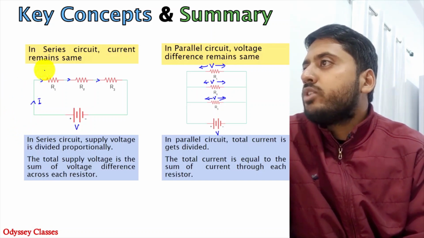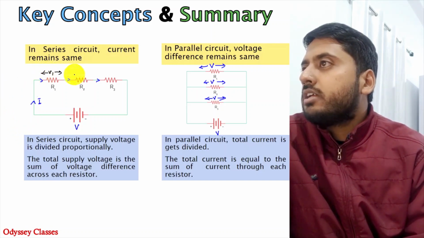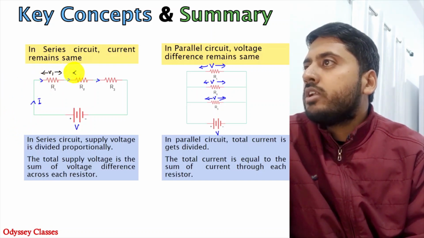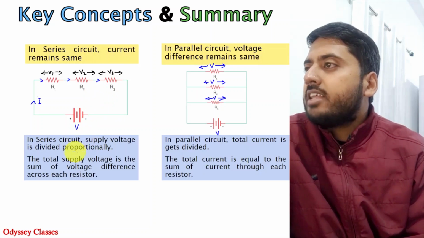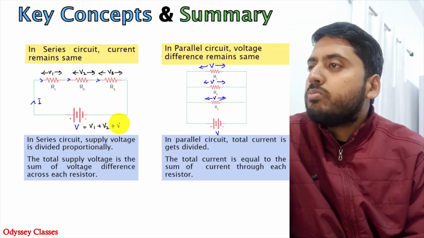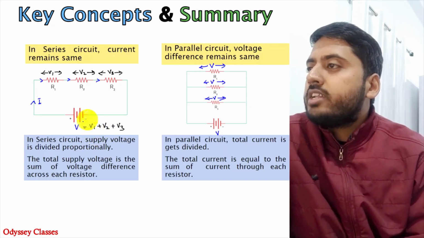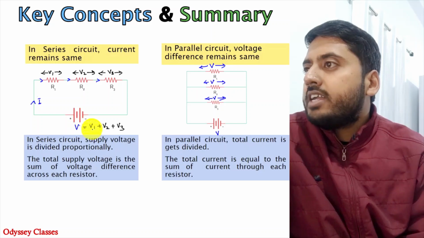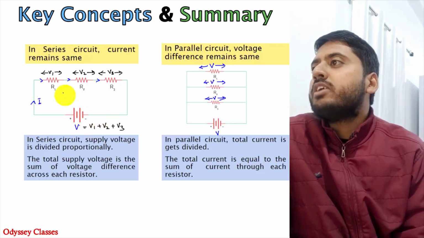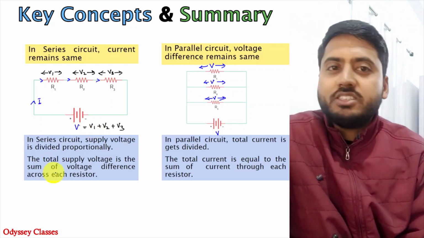If you add the voltage difference across R1, across R2, and across R3, this will be equal to V1 plus V2 plus V3. So you can say in other words, this V is divided proportionally between R1, R2 and R3.